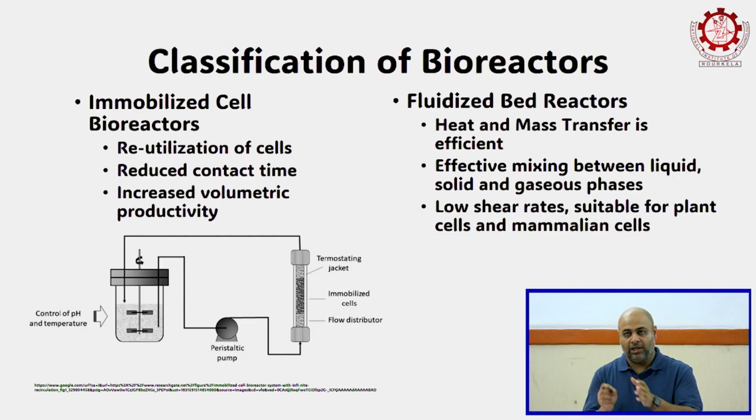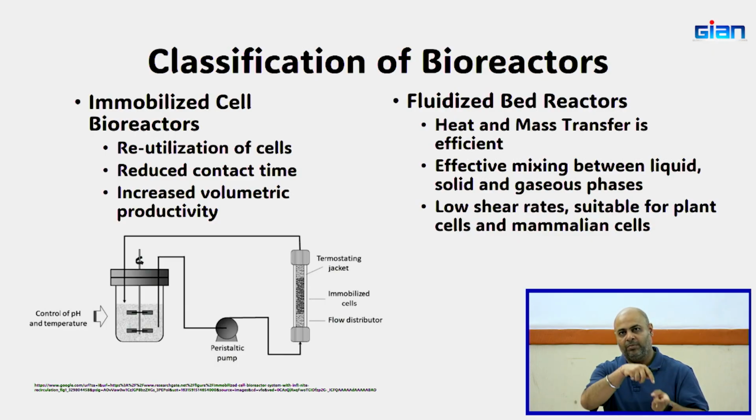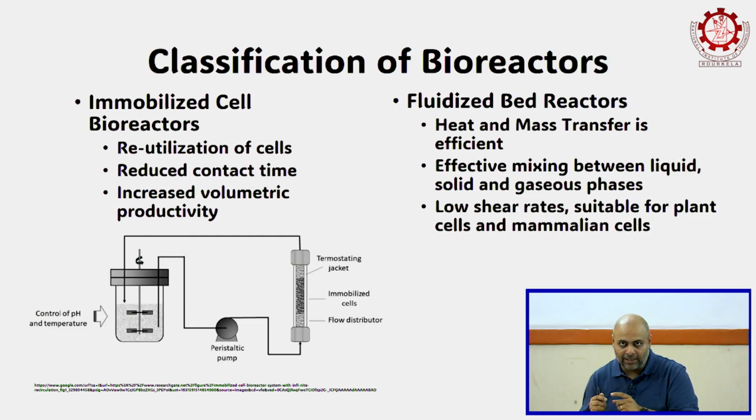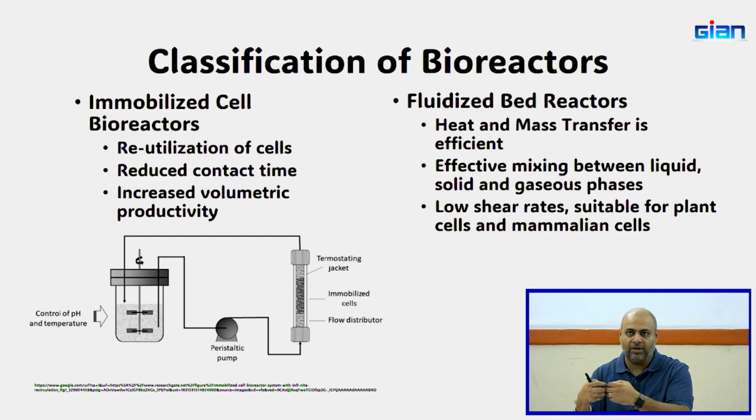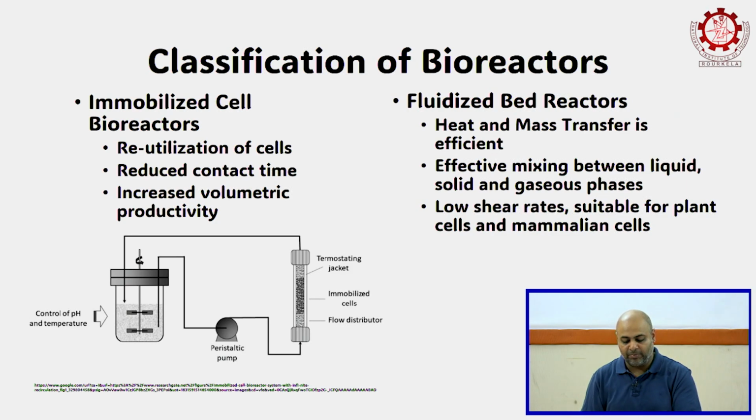So your cells are immobilized into a different chamber, or you can say a flow cell, and then you have your substrate being pumped into that flow cell, and as it moves through the chamber, your cells are interacting with the substrate. Your product is formed, it is pumped back, and the substrate, whatever conversion has taken place, is pumped back. So it reduces the contact time, and it increases the volumetric productivity.